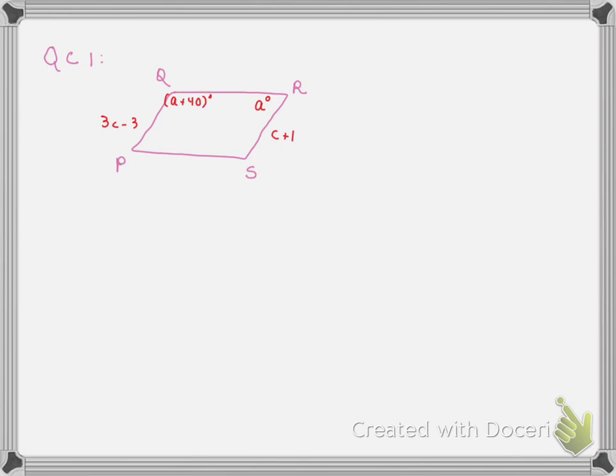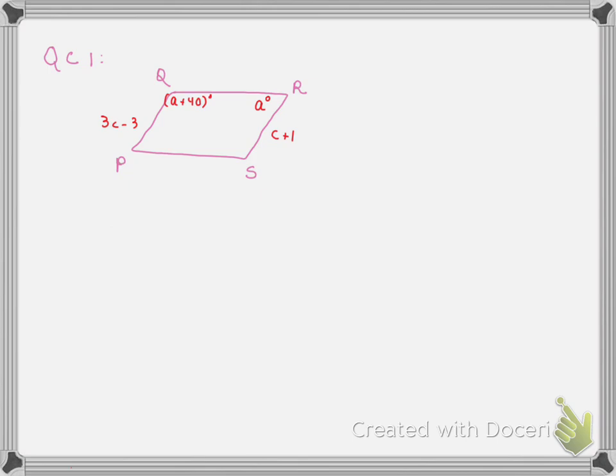For quick check 1, it says find the values for A and C for which PQRS must be a parallelogram. In order for PQRS to be a parallelogram, opposite angles have to be congruent.